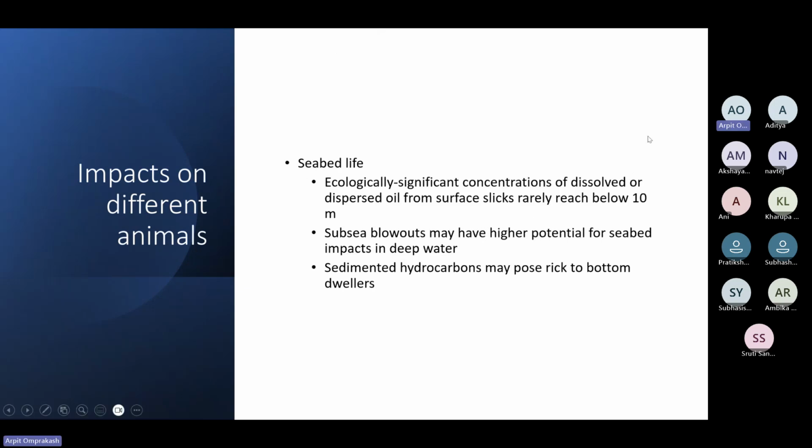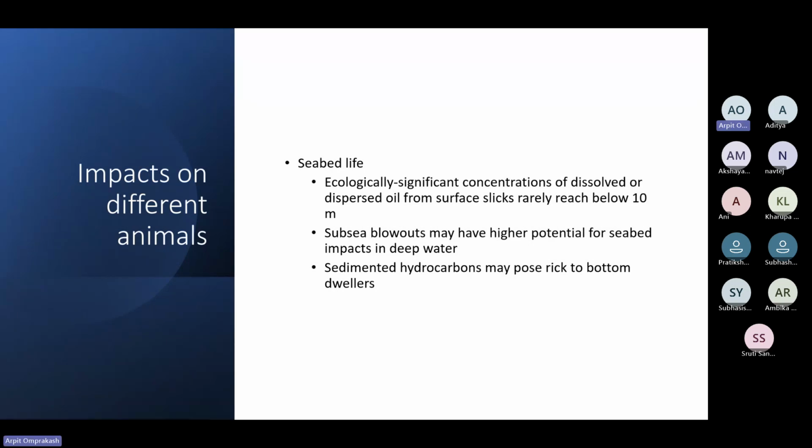Seabed life is life that is found on the bed of the sea, the bottom of the sea. Significant concentrations of dissolved or dispersed oil from surface oil spills rarely reach below 10 meters, so there's not a lot of disturbance they can create.